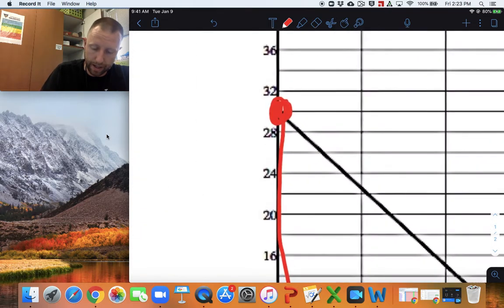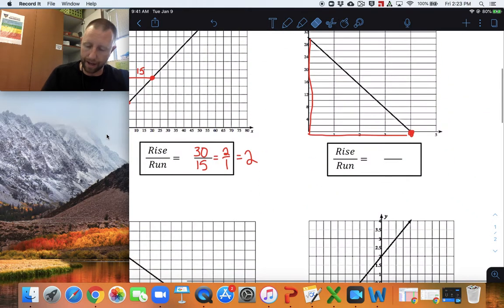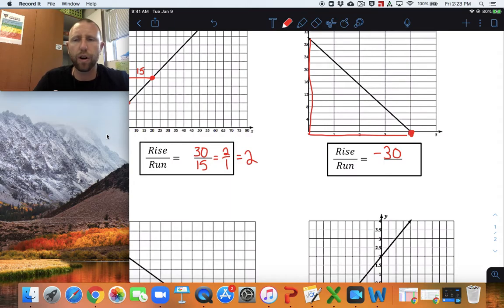When I zoom in there, it's that line that's between 28 and 32, which is 30, right? Because I went down, my rise is going to be a negative 30. And then how far over did I go? I went over 1, 2, 3, and 4.